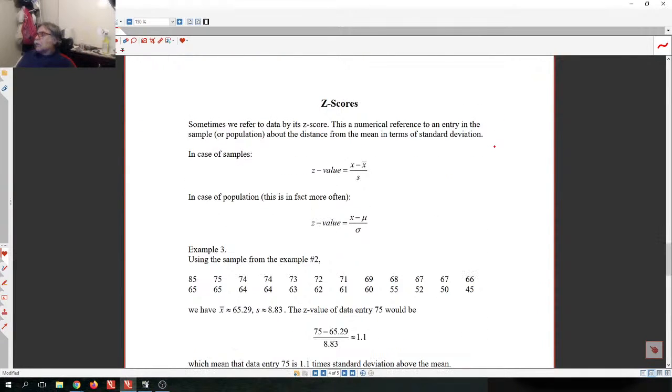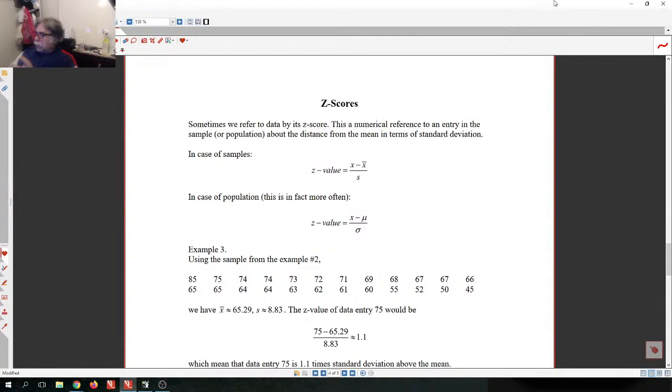Okay, z-scores. Now this is also important. The z-score is sometimes referred to as the z-value. The meaning of that is a numerical reference for the distance of a piece of data from the mean in terms of standard deviation.